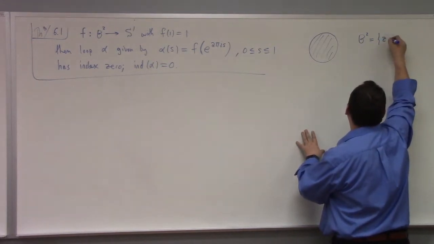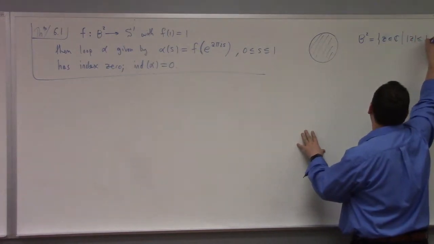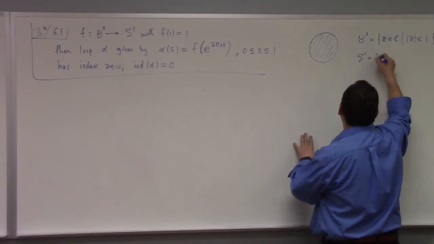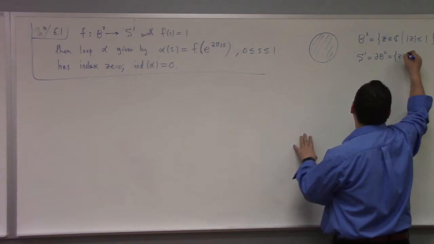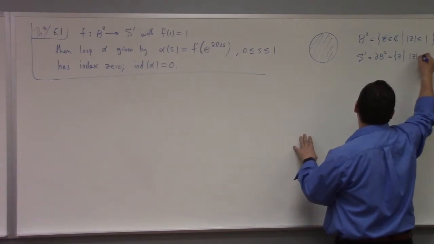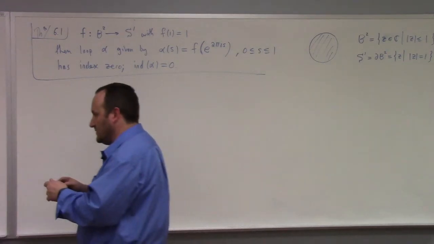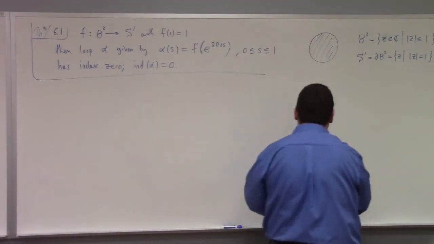It's z in the complex plane such that the modulus of z is less than or equal to 1. In contrast, S1 is the boundary of B2, and that would be z such that the modulus of z is equal to 1. So, like, the boundary of B2 I could picture in red is a circle, and what's going on here?